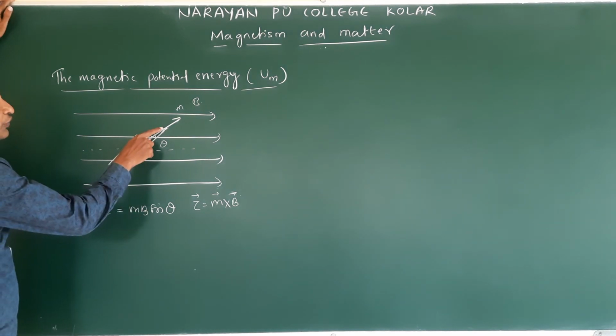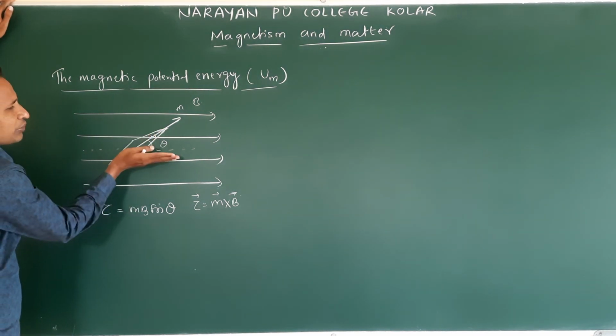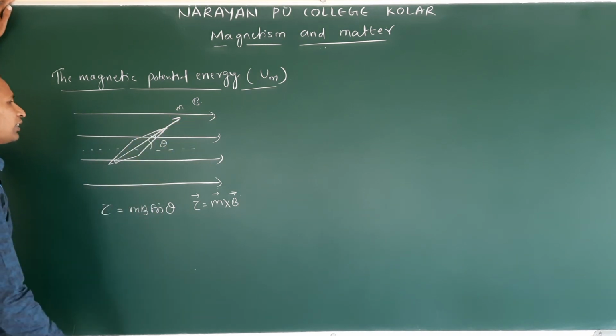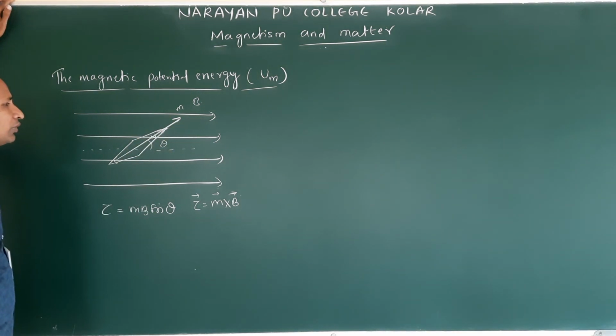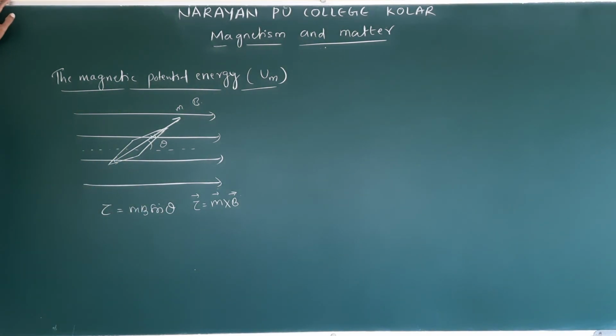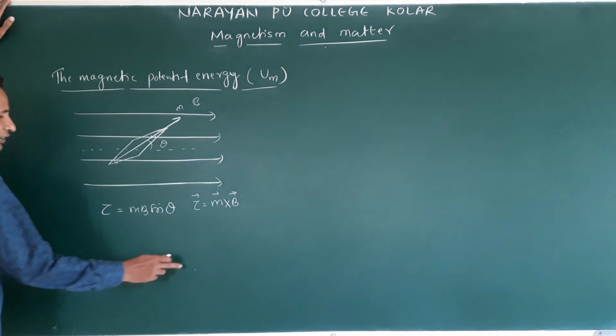Actually, if we release this, what happens? It comes in the field direction, parallel or anti-parallel. Suppose if you rotate by an angle theta, then externally we have done work. That work is stored in the form of potential energy.